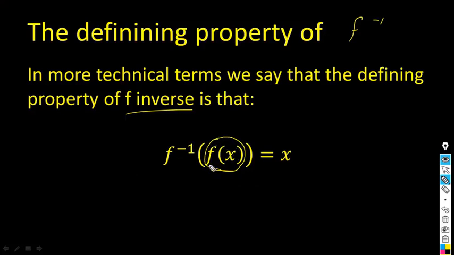This is the output of f. And if I give that output of f as an input to f inverse, then f inverse is going to give me as output the original argument of the original function. Try to understand this in detail. I know it looks complex. It's not really. This is not really complex.